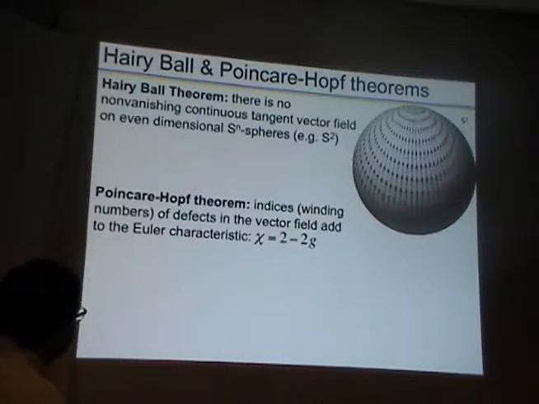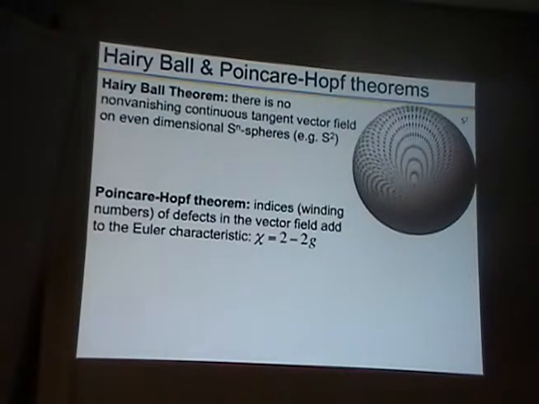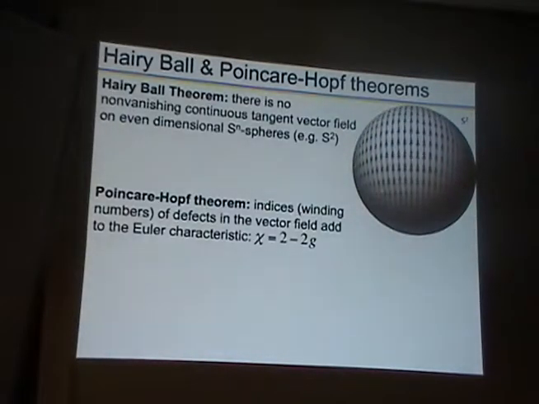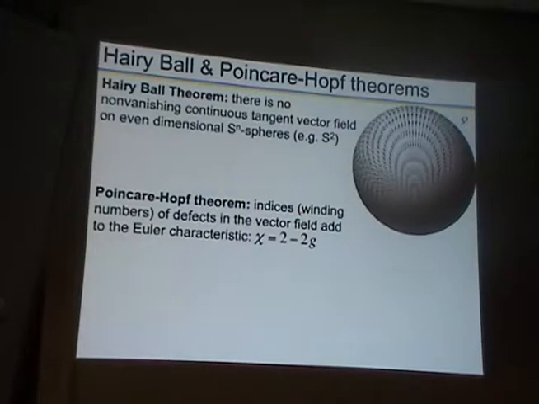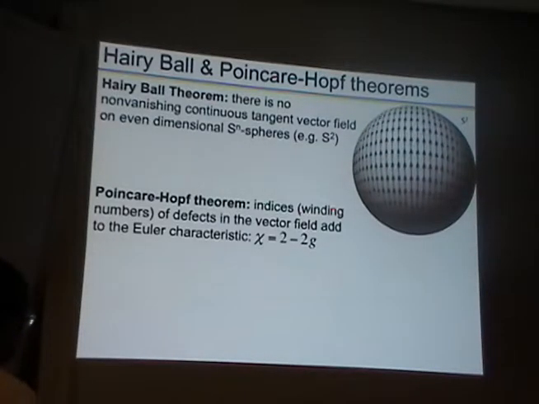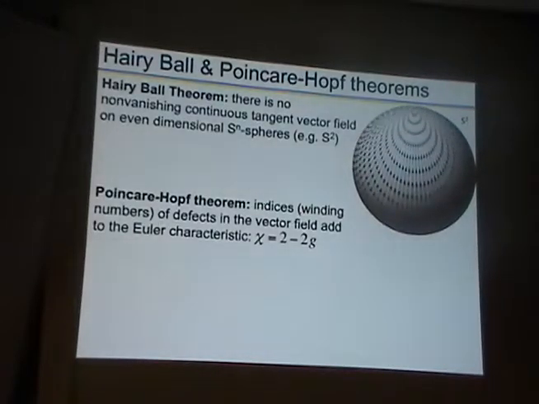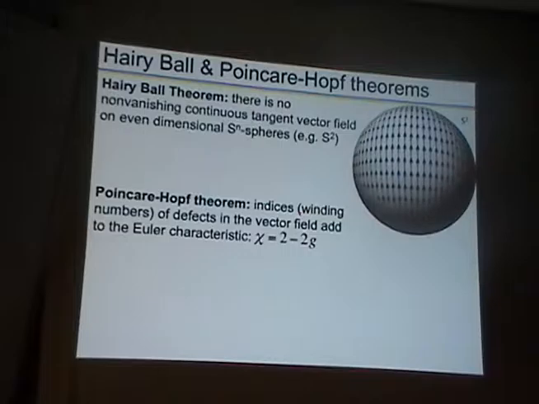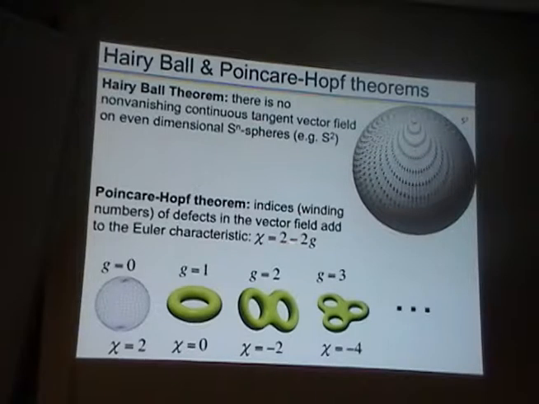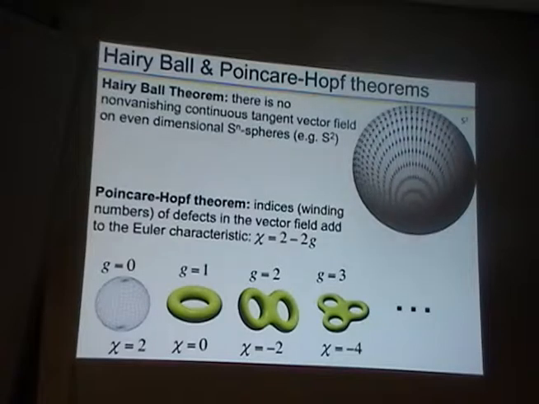Now an extension of this theorem, which is called the Poincaré-Hopf theorem, says that this can be extended to surfaces with other genus or Euler characteristic. In general, for all two-dimensional surfaces, one will have to have defects of net winding number equal to chi, where chi is nothing else but 2 minus 2g, and g is the genus of the surface.